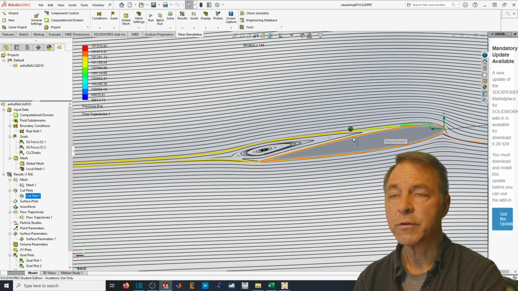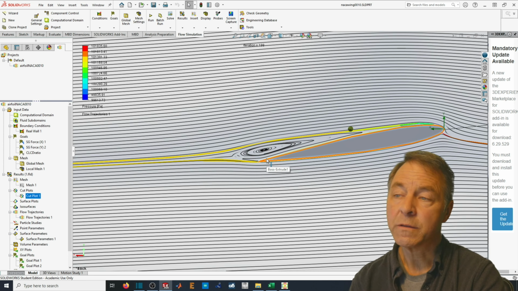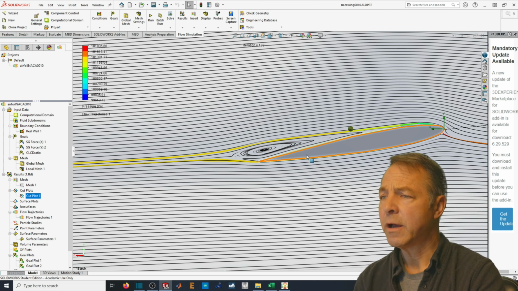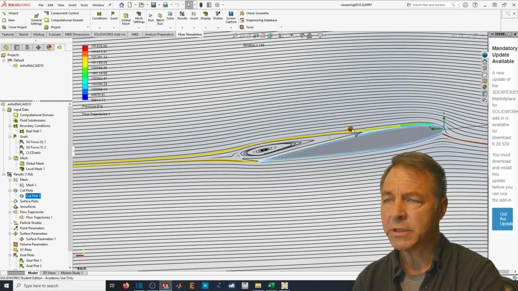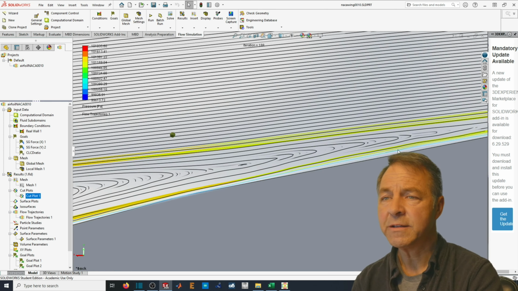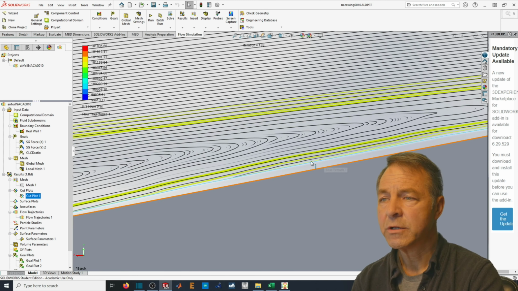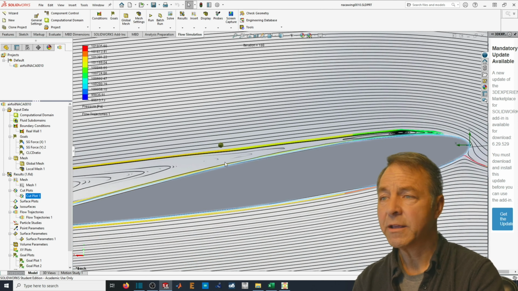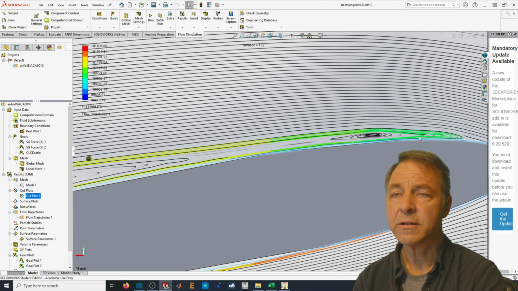Likewise, the further that separation point goes back here, the less drag we have and the more lift. So the software tool's ability to predict this phenomenon, which is fundamentally dependent upon little details close to the surface, is absolutely crucial to getting a correct bulk scale number.